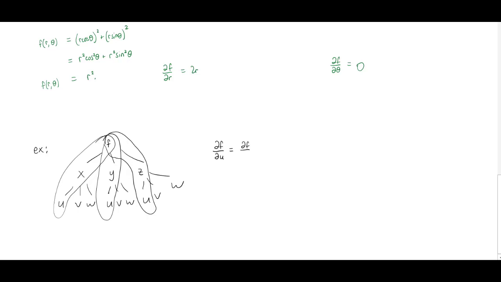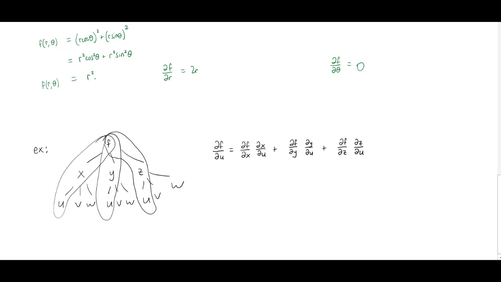So this is similar to what you've seen before. Next, in the second branch, I have f to y to u. So I would need to do partial of f with respect to y, partial of y with respect to u. And then my third branch from f to z to u, I would need to add partial of f with respect to z times the partial of z with respect to u. Okay?